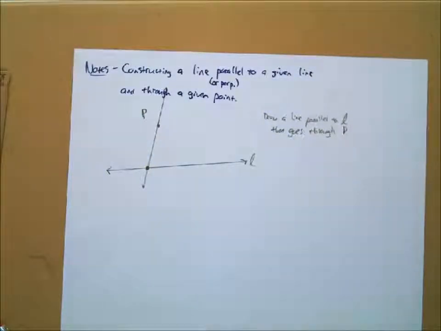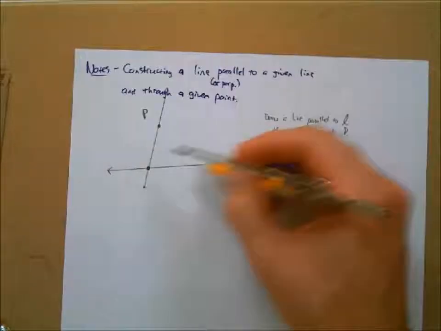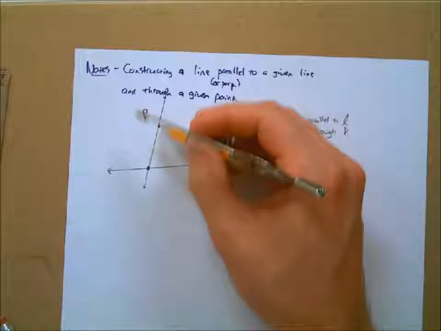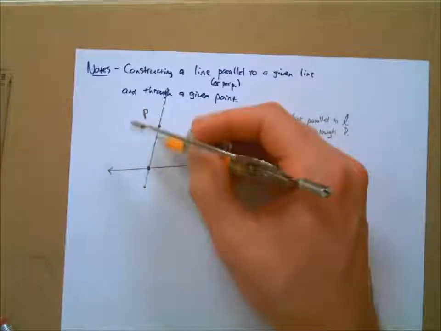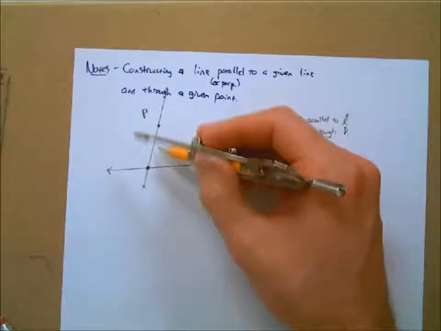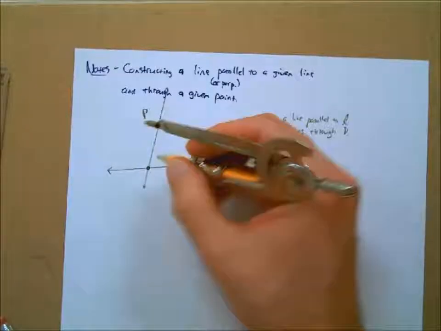Now, I just created a little line right there that I drew using a straight edge, point P and a point on line L. I also created this angle right here, and this angle right here. I guess this obtuse angle here, this angle here, and this angle here. But we're going to focus on this angle right here.